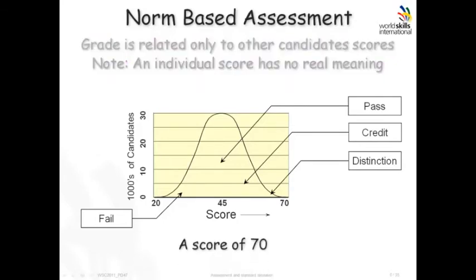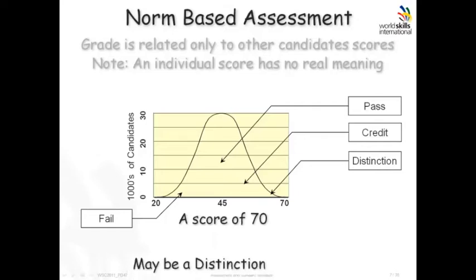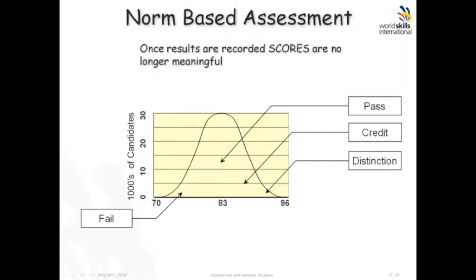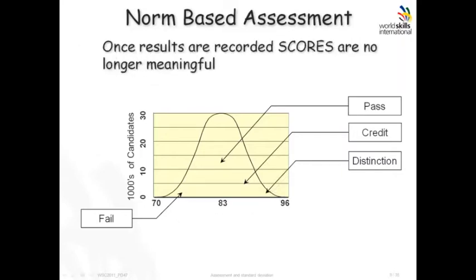So, a score of 70 on this scale may be a distinction, or, with scores like this, a fail. Once the results are recorded, the scores are no longer meaningful and should be removed.